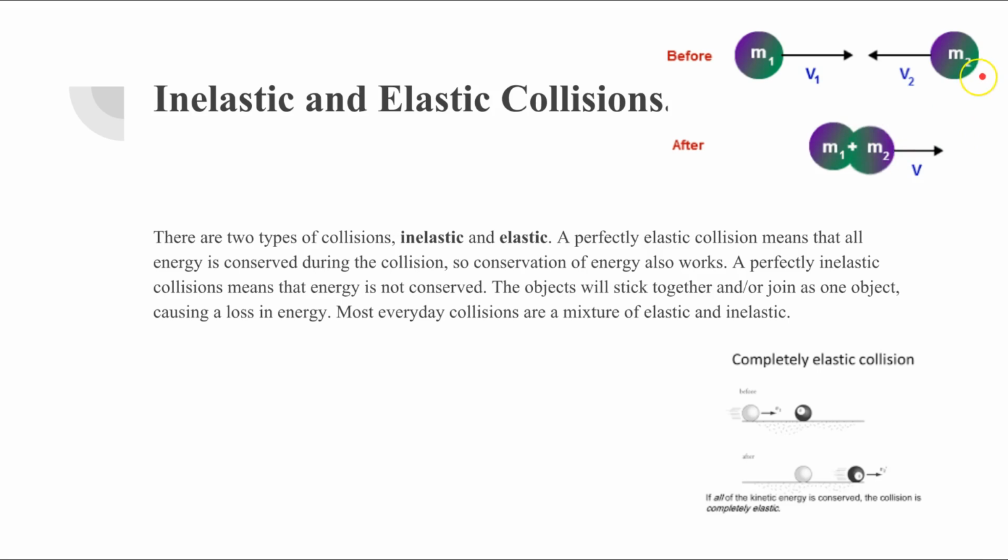Through this, there will be some energy loss as sound and heat, especially as the two stick together and lose some of their elasticness. So these are inelastic, which means energy is not conserved, and perfectly inelastic means they just stick together. Once they touch, they just stick. Most everyday collisions are half elastic, half inelastic, like 50% of both, so a mixture.